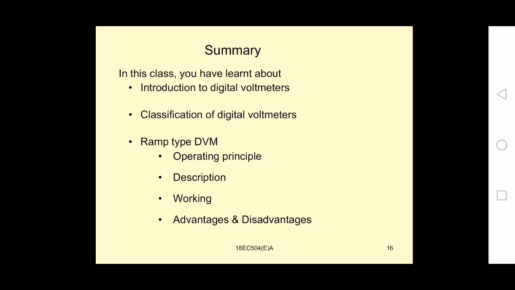Either you use a positive slope ramp or a negative slope ramp. As time increases, if the amplitude increases, we call it a positive slope ramp. As time increases, if the ramp amplitude decreases, we call it a negative slope ramp. The basic principle is that, for a positive slope, we start from the 0 level and the ramp has to reach the input level.